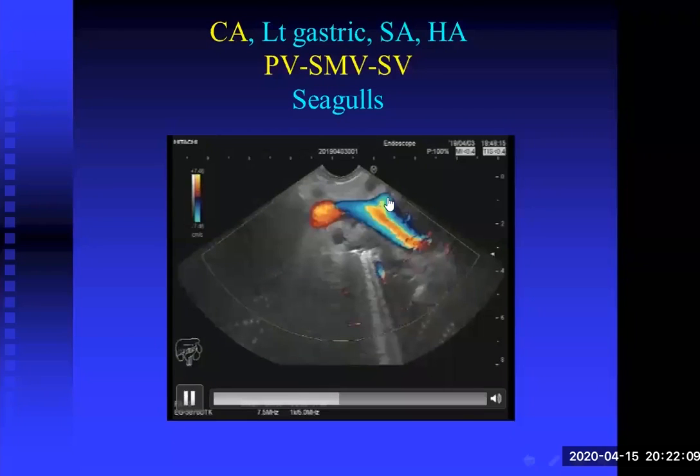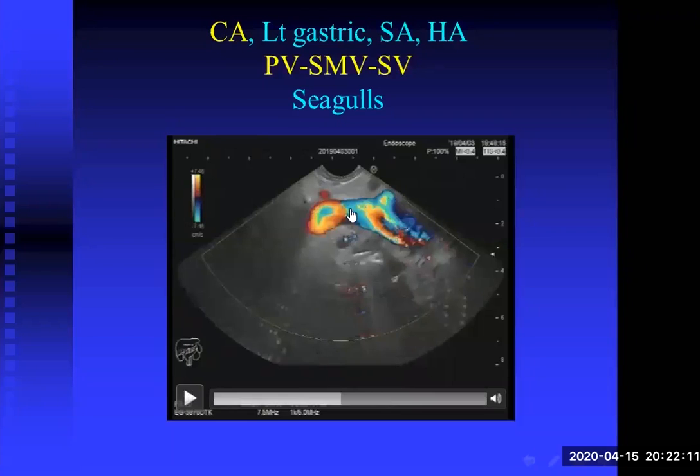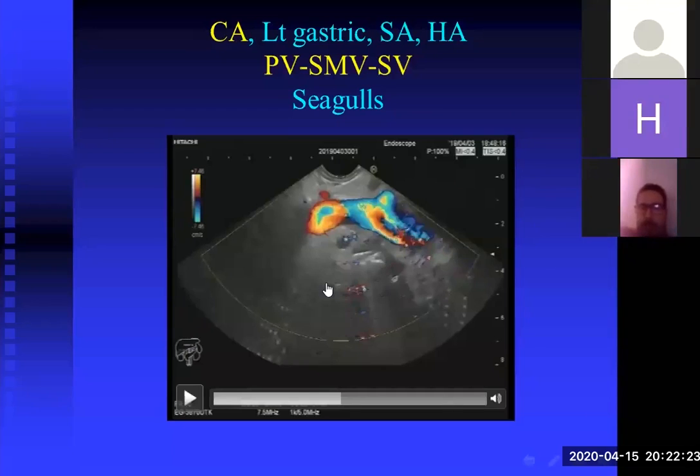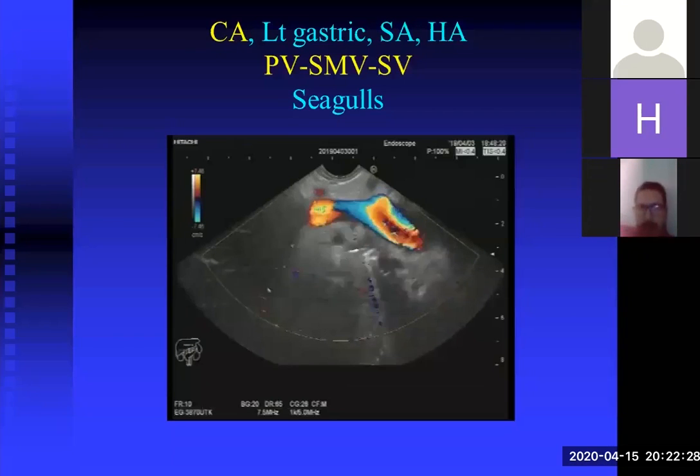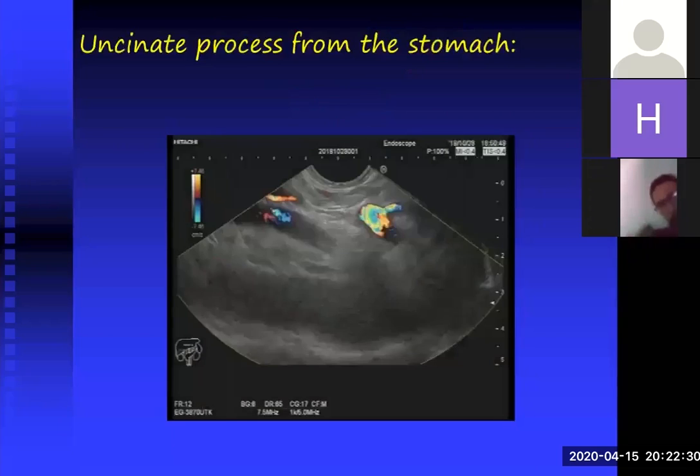This is the splenic vein coming from up, and the superior mesenteric vein coming from the left side to form the portal vein going to the right side, opposite to the duodenum. So we saw now 3 seagulls, 2 arterial and 1 venous, from this station.